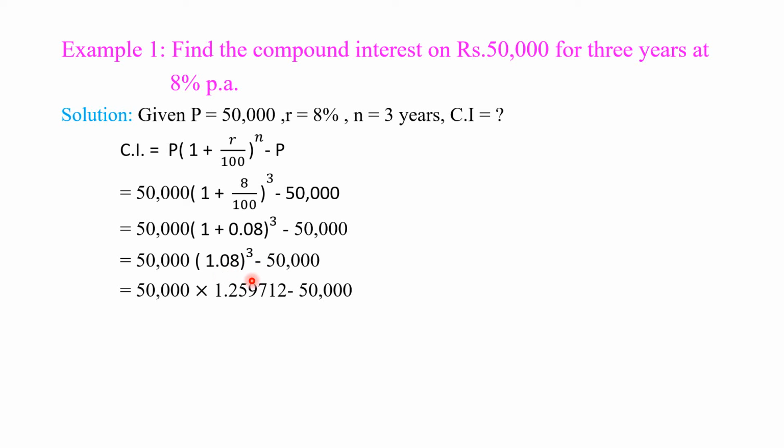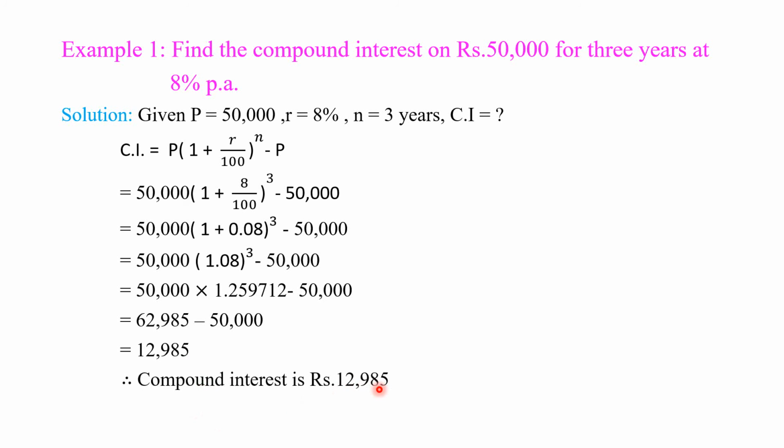So after solving this, we get 50,000 into 1.259712 minus 50,000. So we get 62,985 minus 50,000, and the answer is 12,985. The compound interest is 12,985.